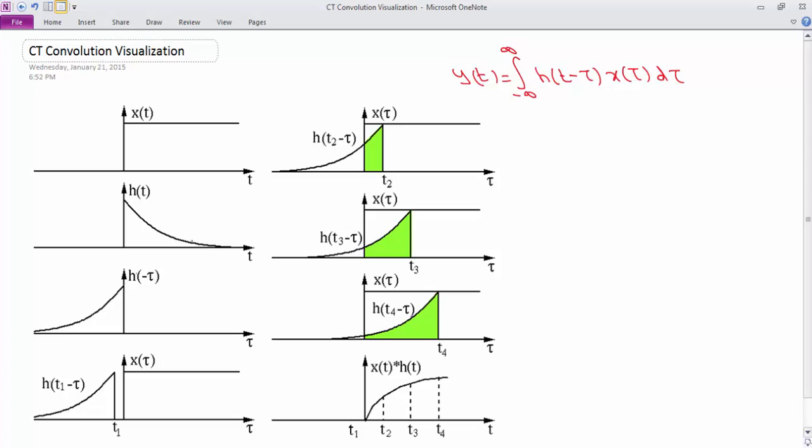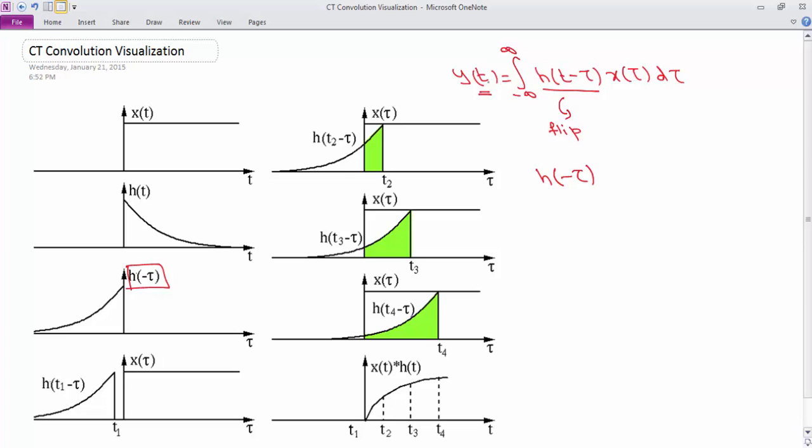If you want to compute the value at time t, the first thing is you have to flip h of t. So you first write h of minus tau, which is the flipped version. You are just flipping it around the tau axis. So this is h of t, this is h of minus tau. This is the flipped version. Right?